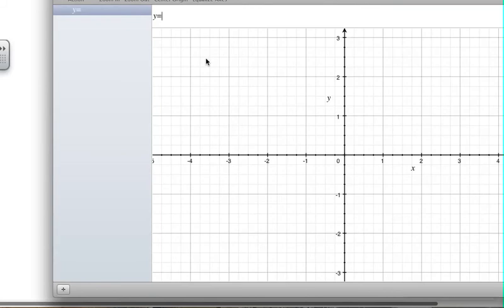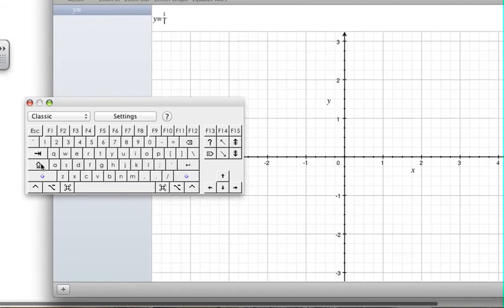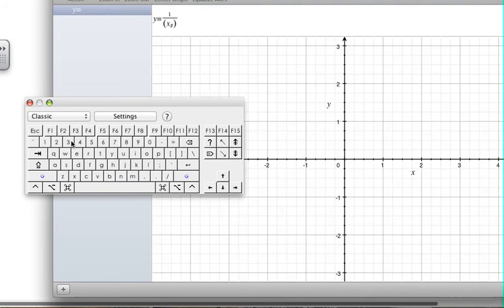All right, I'm going to graph this. So I've got y equals 1 divided by, and I've got x minus 3 inside of here.